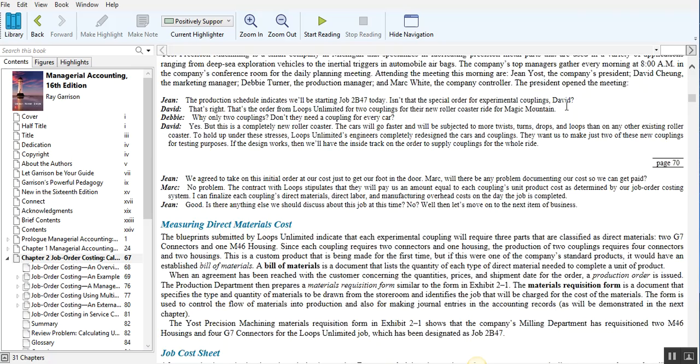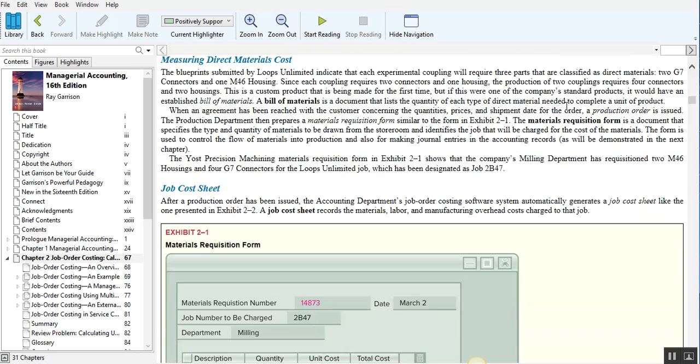So when we measure direct materials costs, we're going to have an easily traceable amount of direct materials that we'll put into this product. Like I said, when I worked at the manufacturing plant for epoxy, we could tell exactly what was going into each particular product. It was a recipe, if you will, but it identified exactly how much went in for each product.